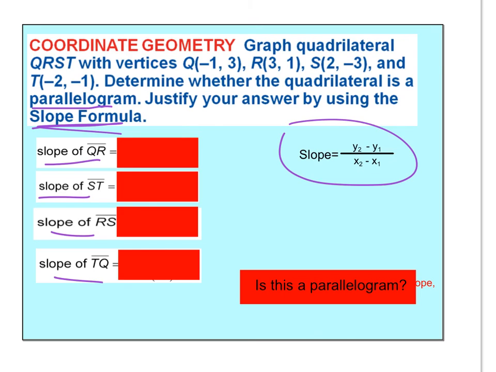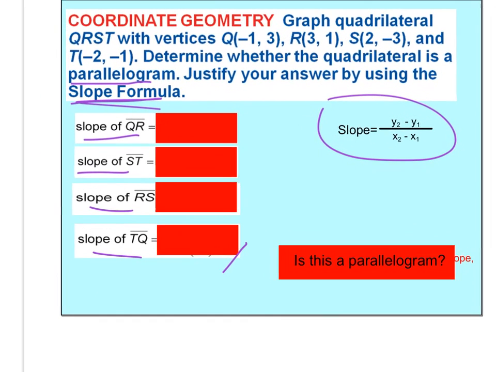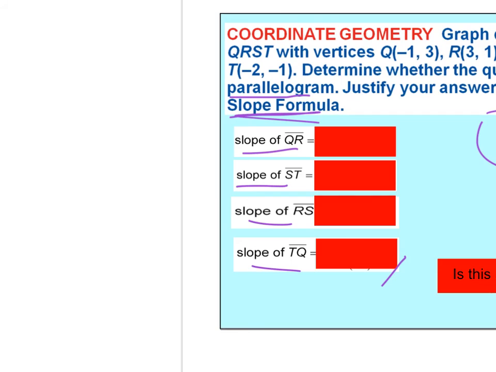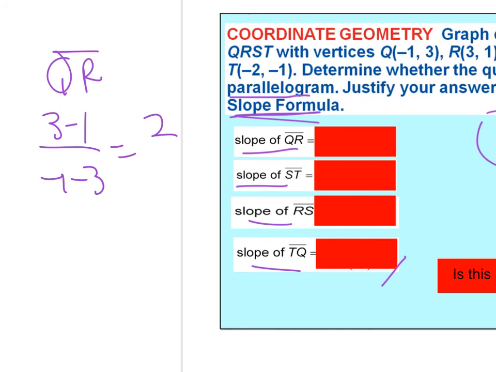So if I figure out my slope for QR, that's going to be 3 minus 1 over negative 1 minus 3. So that'll be 2 over negative 4. So the slope of QR is negative 1/2.